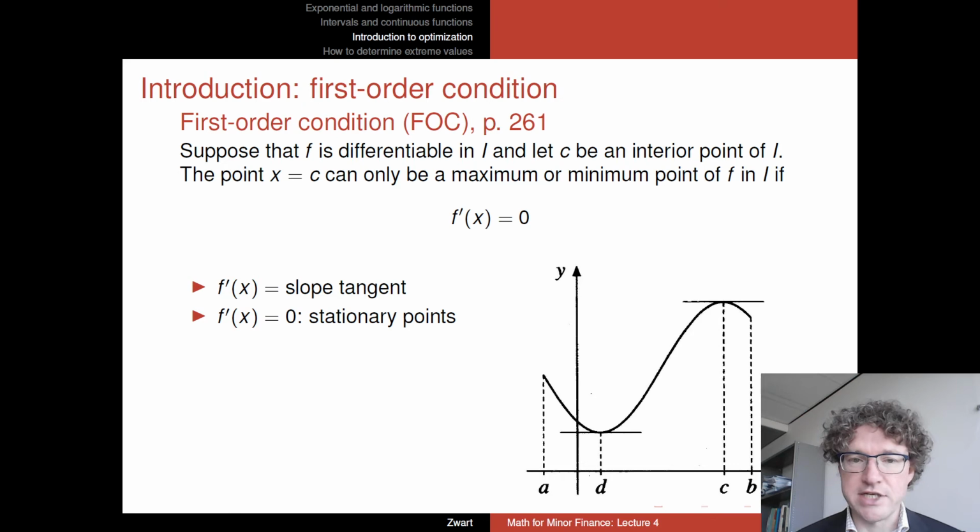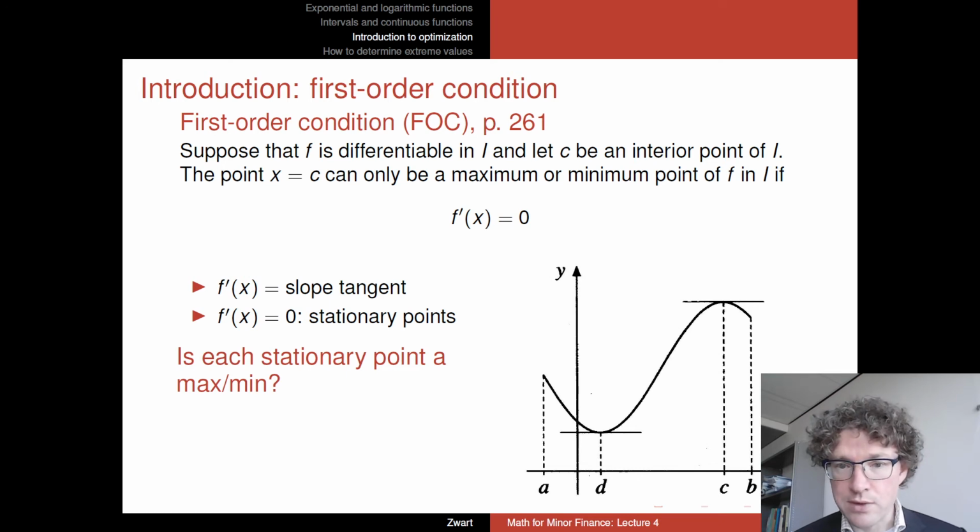So basically you're stationary in the y direction. That's the origin of that name. So if there's an interior extremum, an interior maximum or an interior minimum, then this function, if it's differentiable, will certainly have 0 slope there, or be a stationary point.